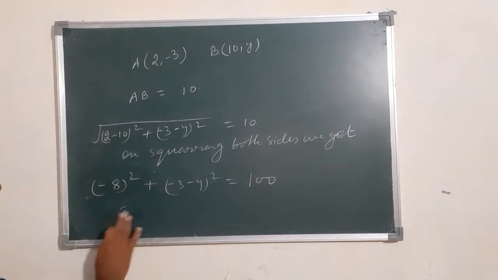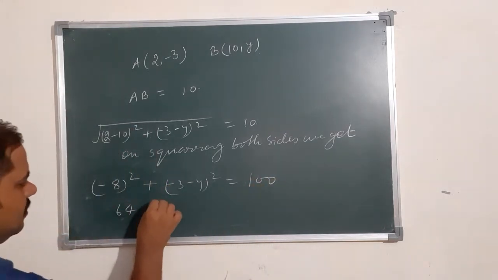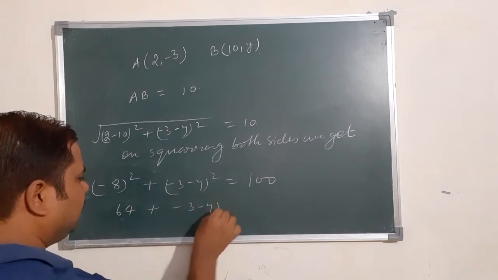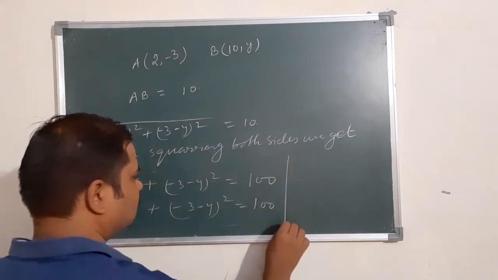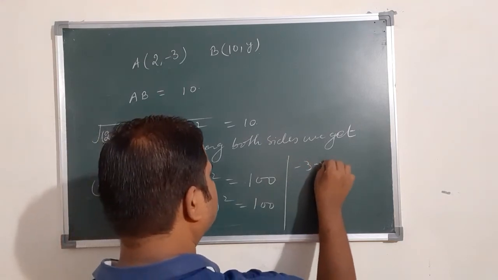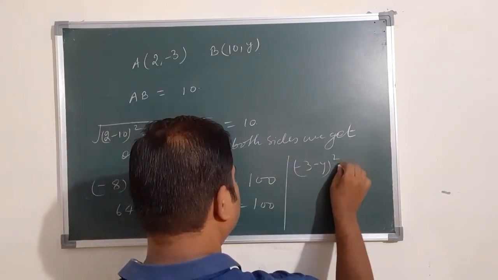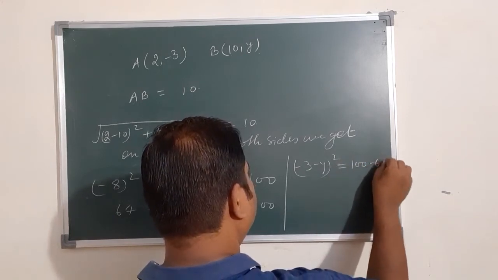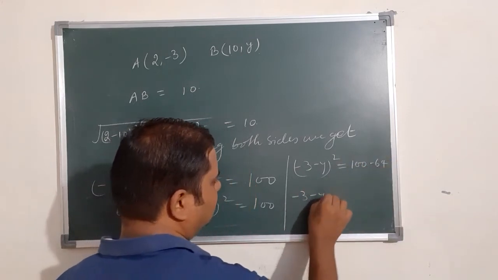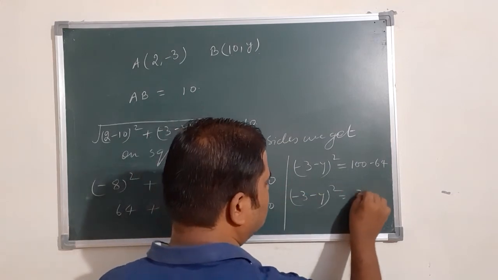So 8 squared is 64 plus (−3−y)² is equal to 100. So (−3−y)² is equal to 100 minus 64. So (−3−y)² is equal to 36.